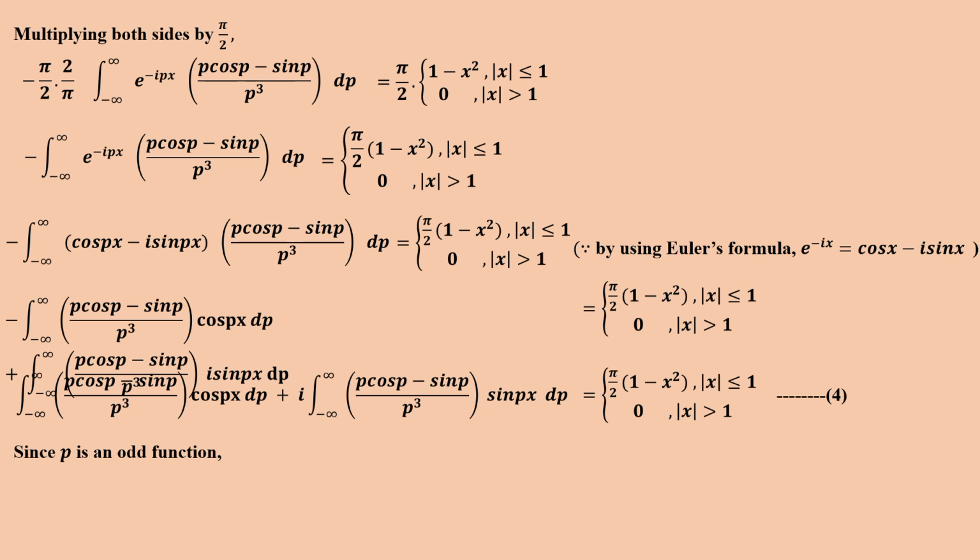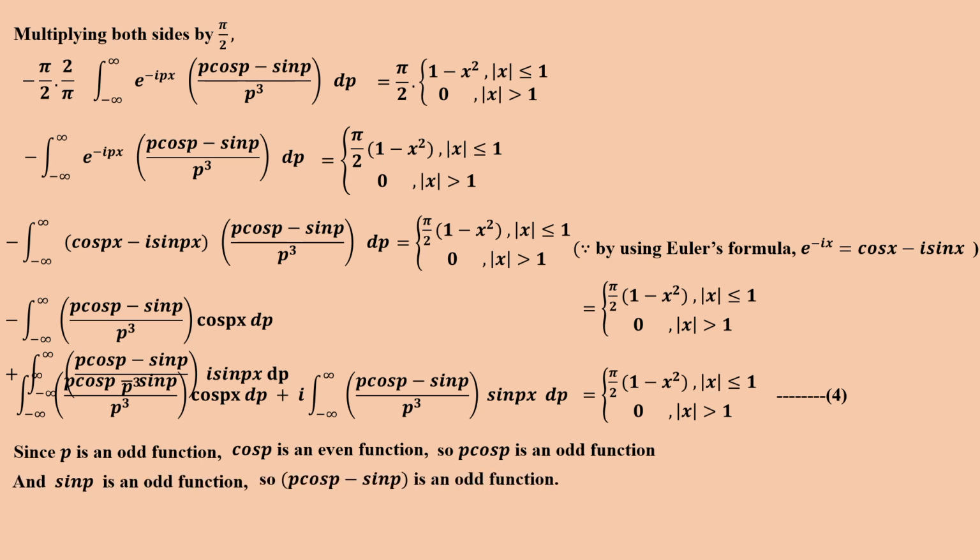Now p is an odd function, cos p is an even function, so p cos p is an odd function, and sin p is an odd function, so p cos p minus sin p is an odd function. When you subtract or add two odd functions you will get an odd function.